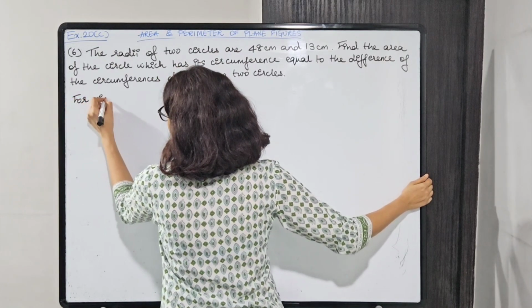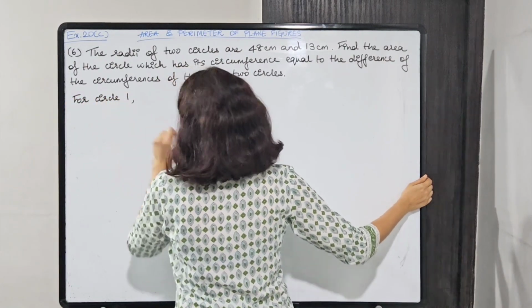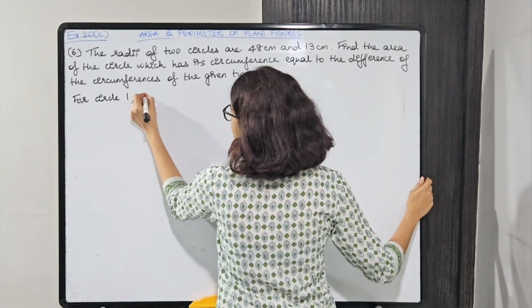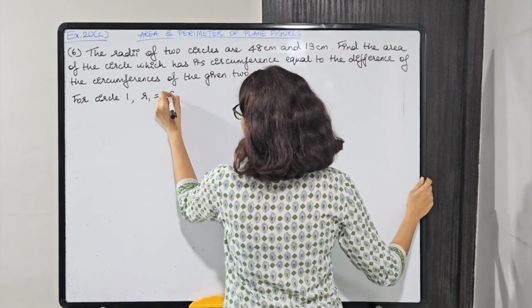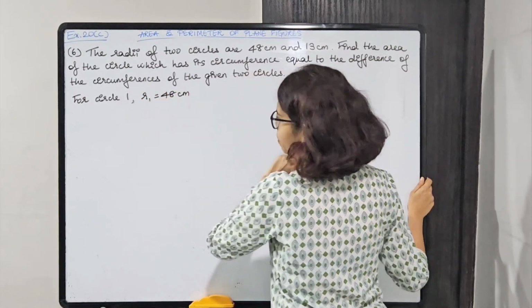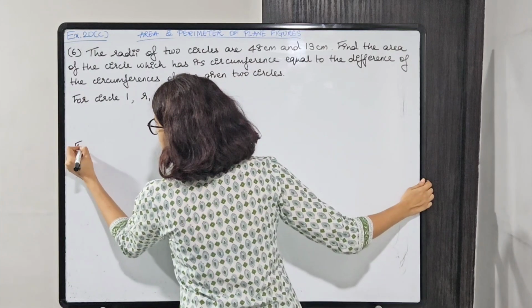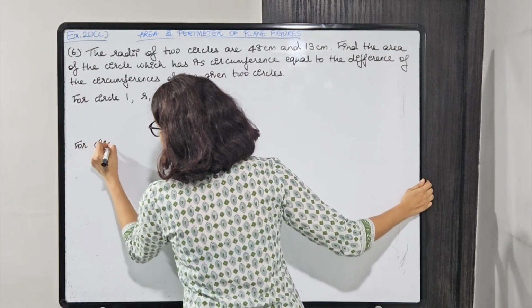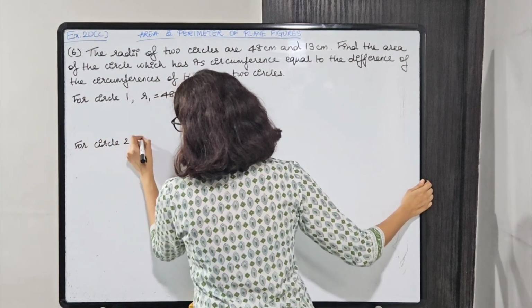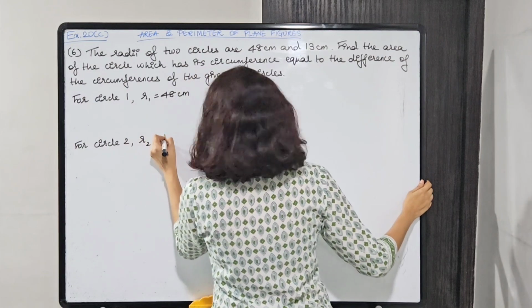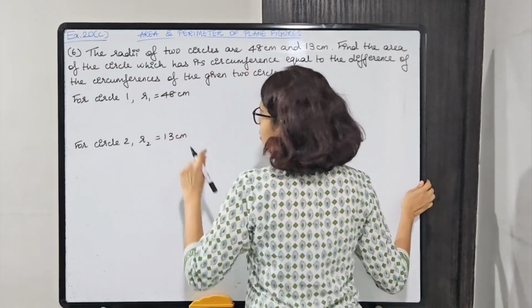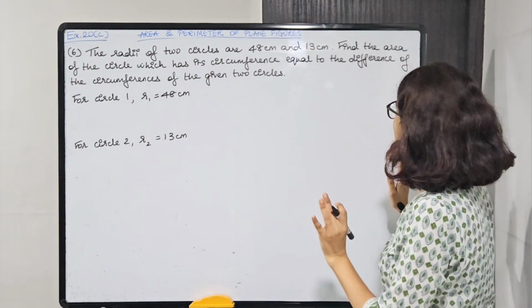For circle 1, what is the radius? R1 is 48 centimeter. For circle 2, radius R2 is 13 centimeter. This is the given information.